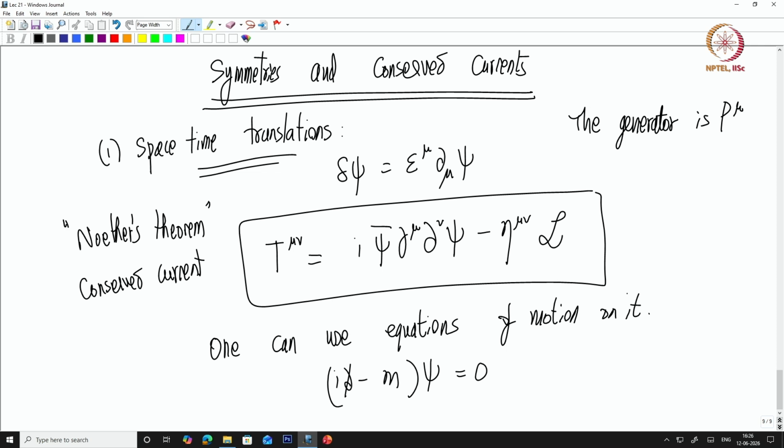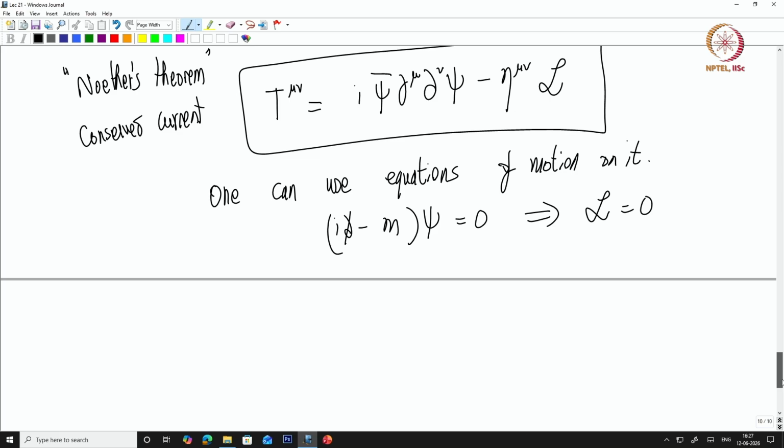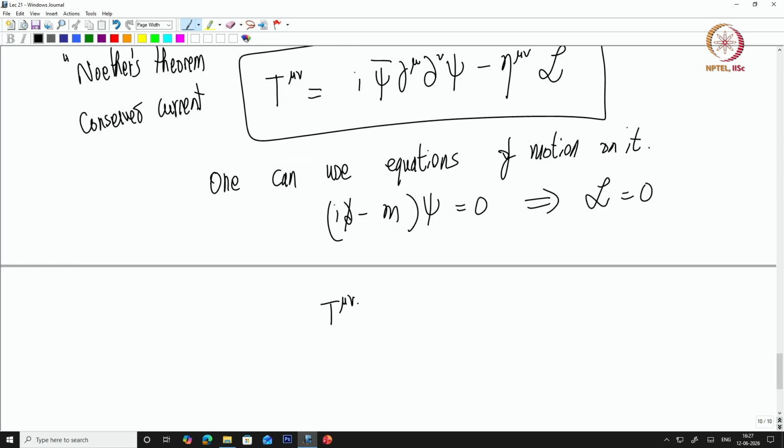Imposing the equation of motion, the Lagrangian, psi-bar (i ∂-slash minus m), is equal to 0. So you end up having T^{mu nu} only to be i psi-bar gamma^mu ∂^nu psi.